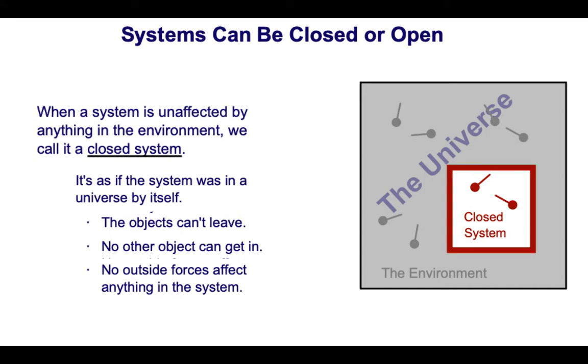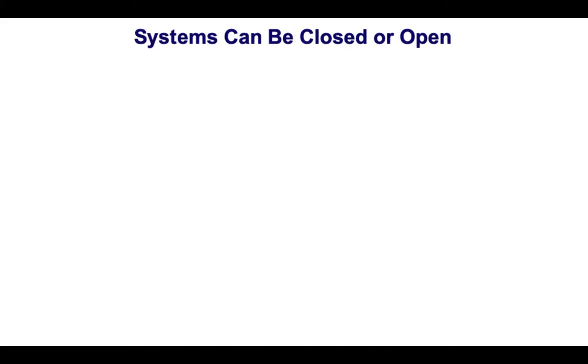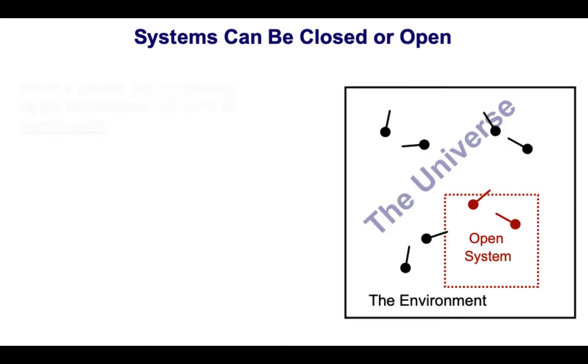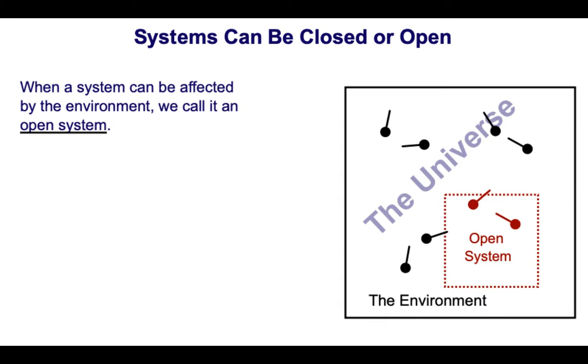Okay, so we talked about these at length, but open systems are not as familiar to us. We still have the universe and the environment, and we still have those objects that we're studying. But in this case, the objects in the system can be affected by others in the environment and the universe.